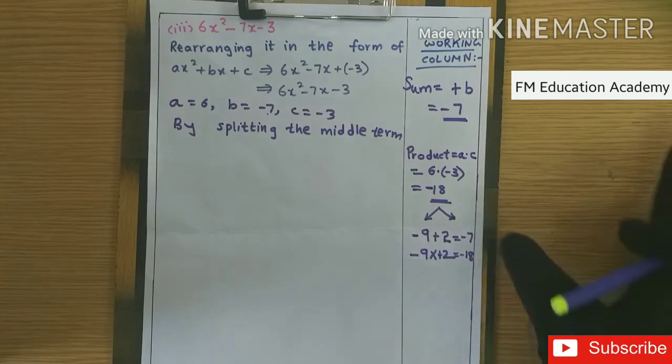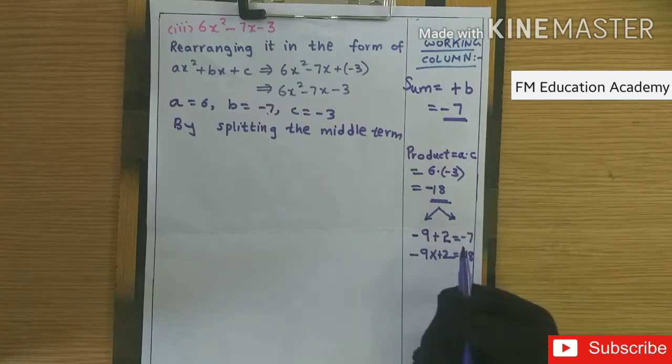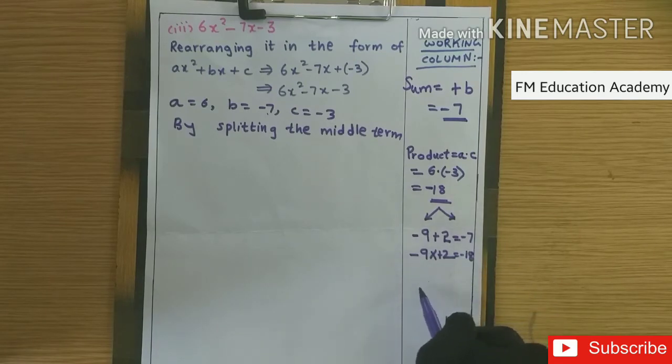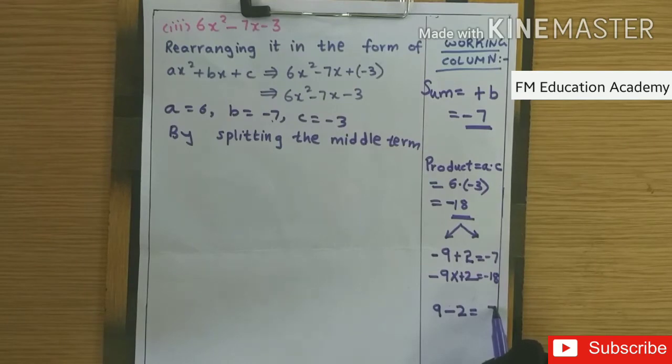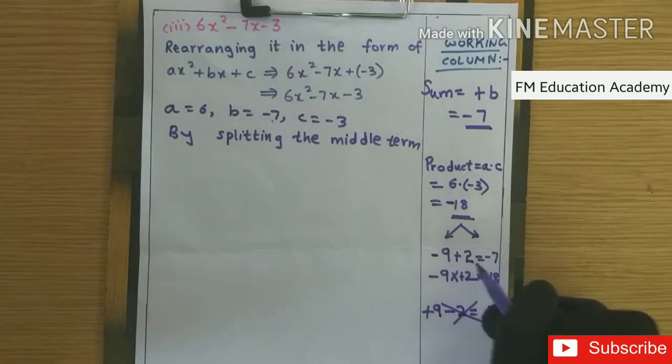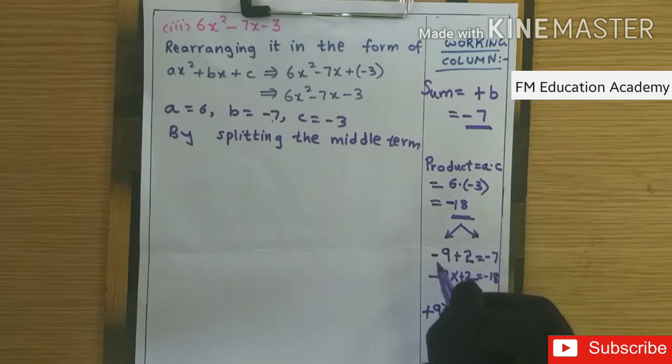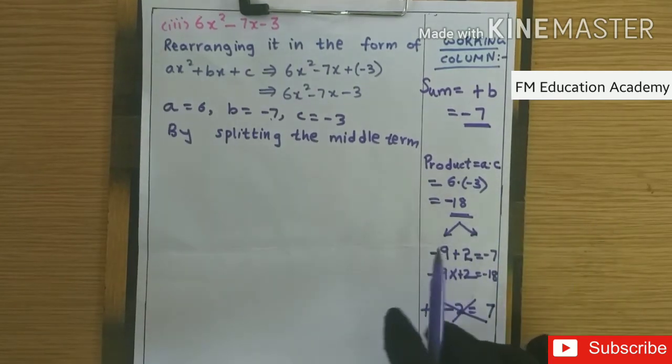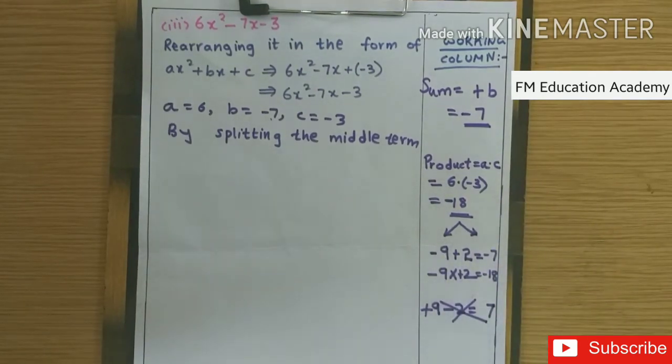Here I have taken minus 9 and plus 2 because I wanted the sum also to be minus. Suppose I take plus 9 and minus 2, will I get minus 7? No, I will get plus 7. Why? Because the bigger number's sign here is plus. That is why I have not chosen plus 9 and minus 2. I have chosen minus 9 and plus 2 since the sum is minus, so the bigger number should be minus. That is why I have taken 9 as minus and 2 as plus. Okay, so I think the concept of splitting the middle term factors is clear to us.